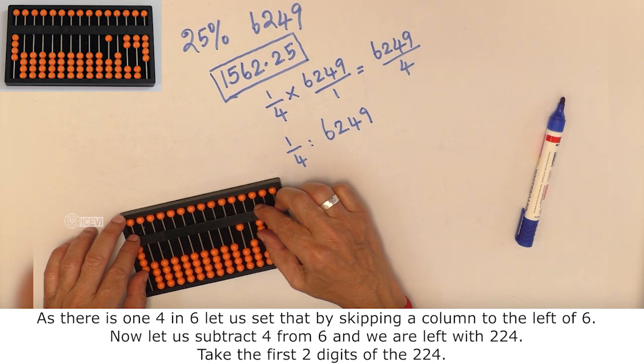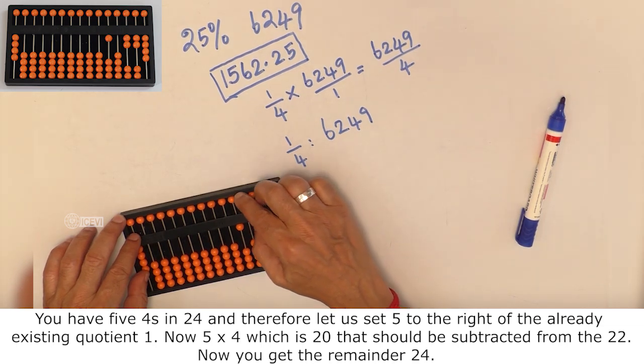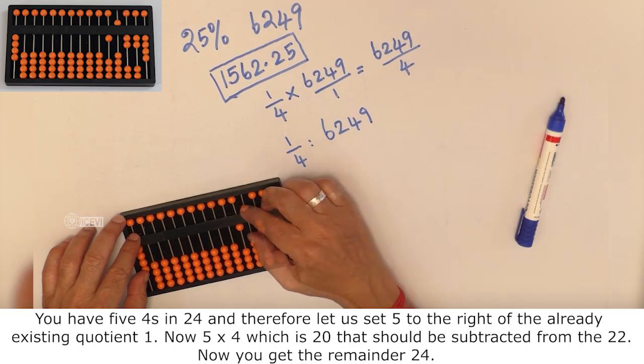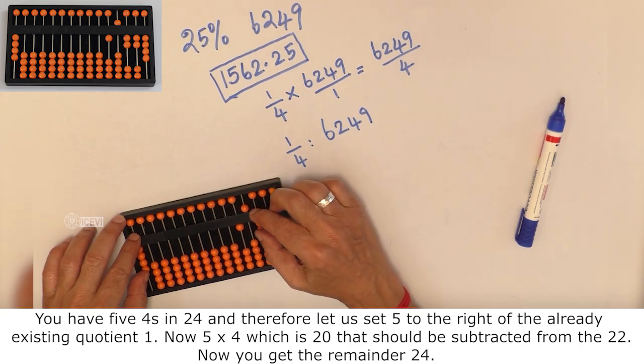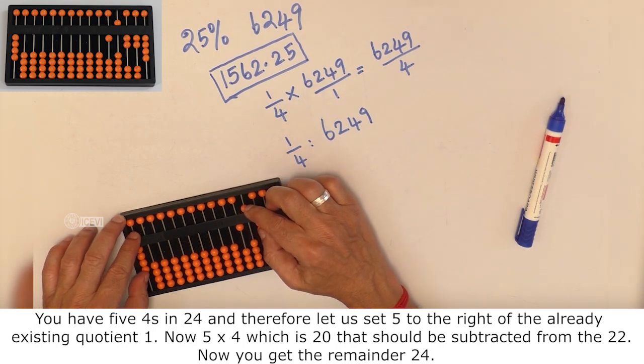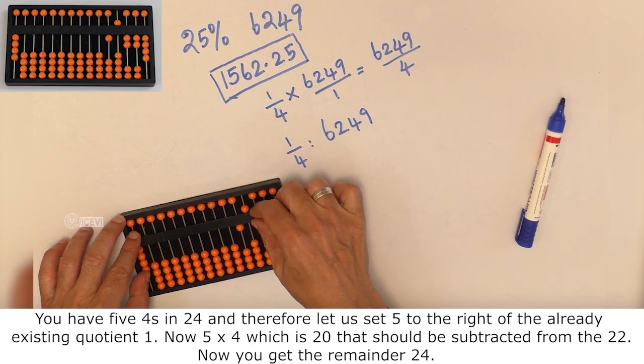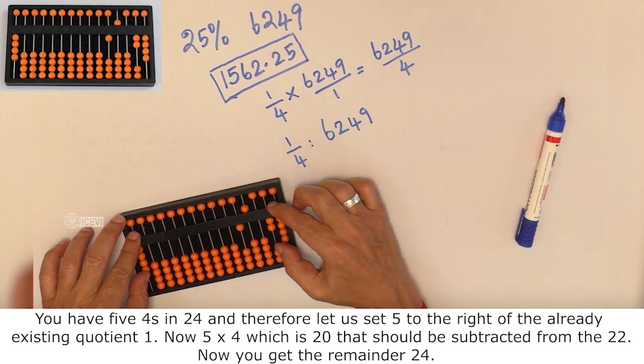224. Take the first 2 digits of the 224. You have 5 fours in 24 and therefore let us set 5 to the right of the already existing quotient 1. Now 5 multiplied by 4, which is 20, should be subtracted from the 22. Now you get the remainder 24.